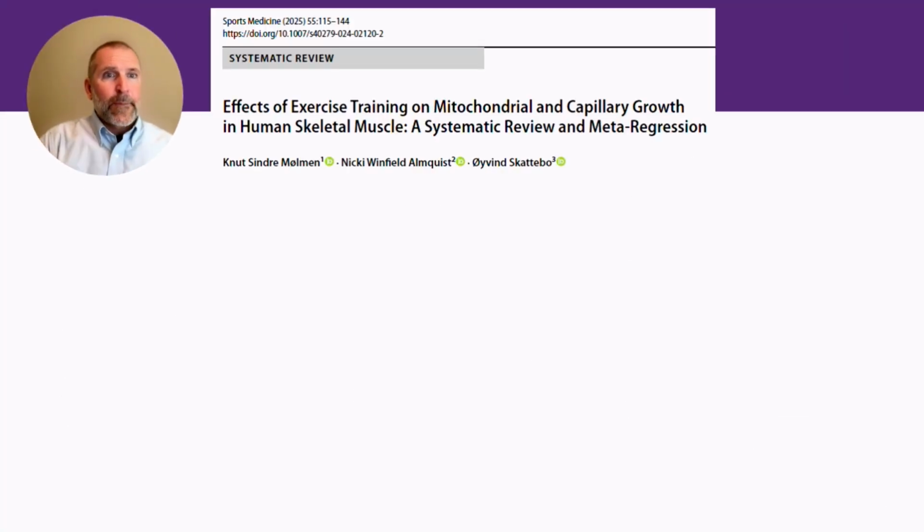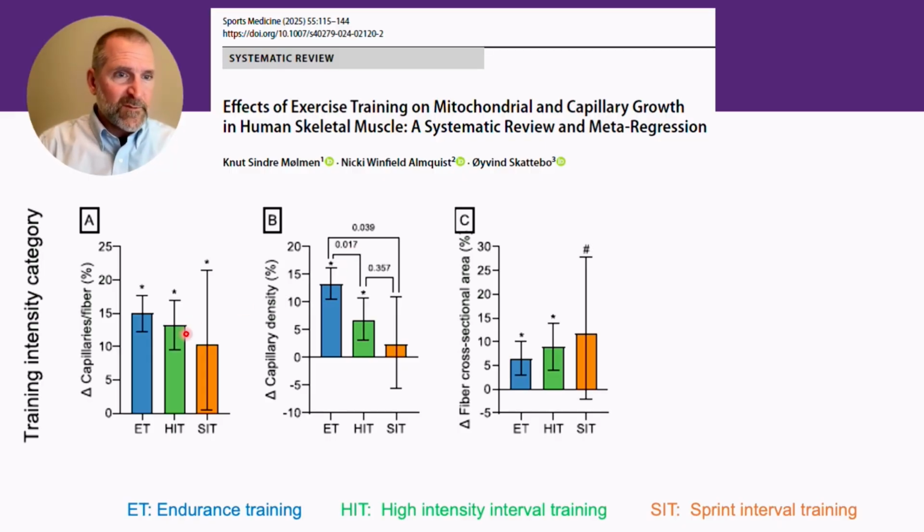So to kind of wrap up here, there's actually a very recent meta-analysis looking at the effects of exercise training on capillary growth. So we'll start first by looking at the influence of exercise intensity. So we'll look at exercise training here, just moderate intensity training, high intensity training, and then sprint interval training.